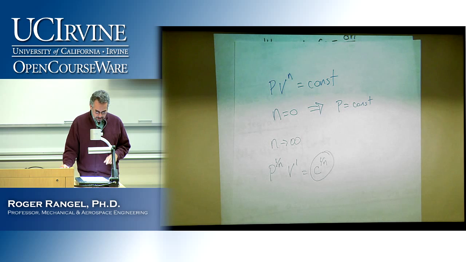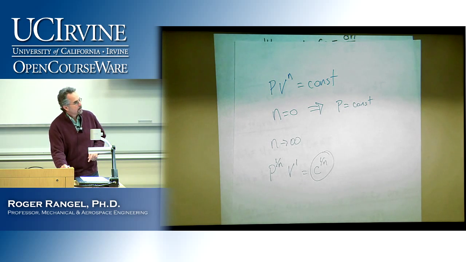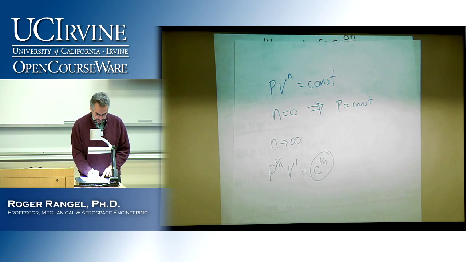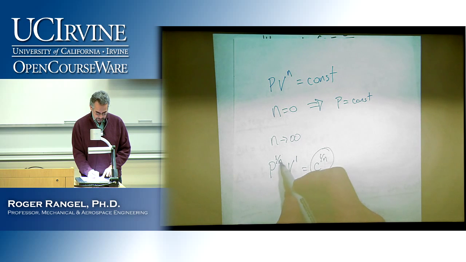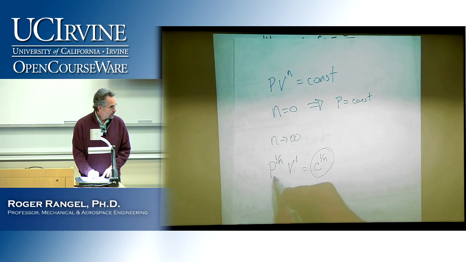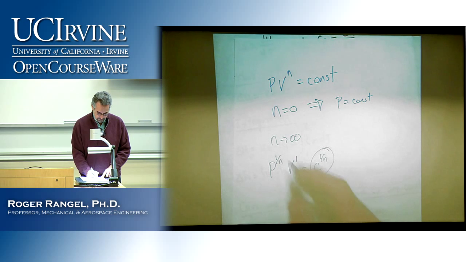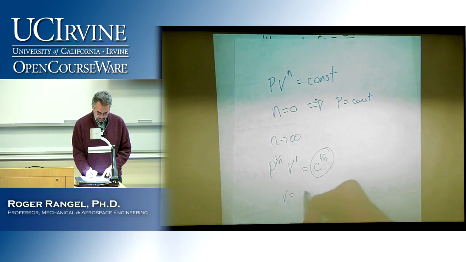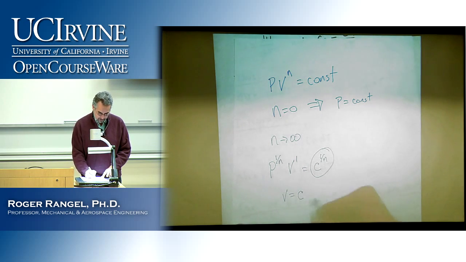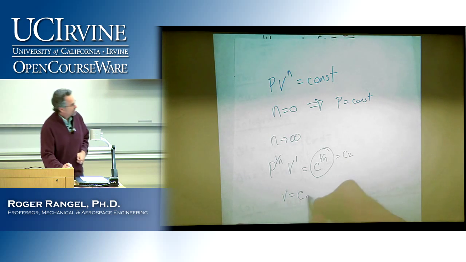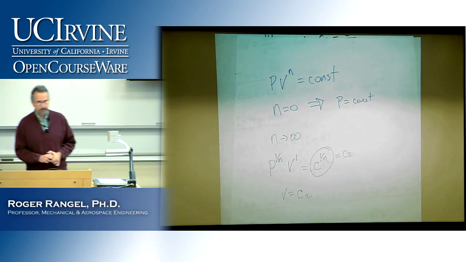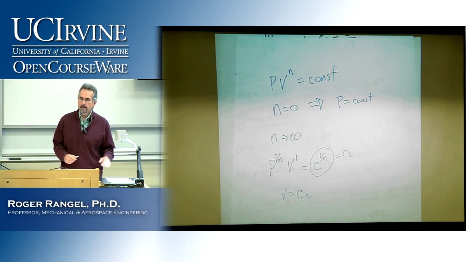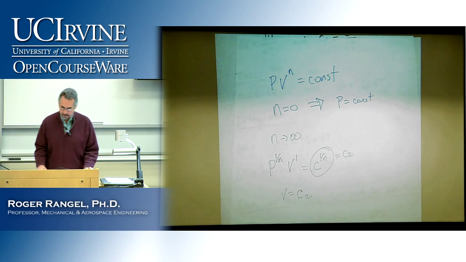Now when you take the limit as n goes to infinity, the one that goes to 0 is this exponent. So you get P to the 0, which is 1, times V to the 1, so V equals constant. This is a different constant, let's call it C2. But it's a constant volume process. That was a question on the midterm last year, by the way.